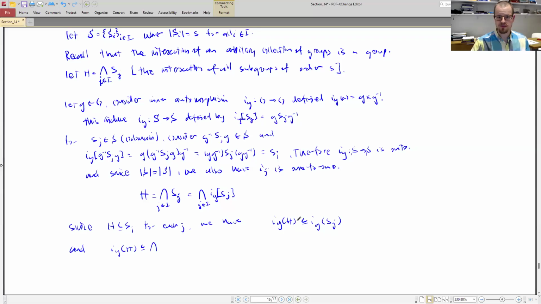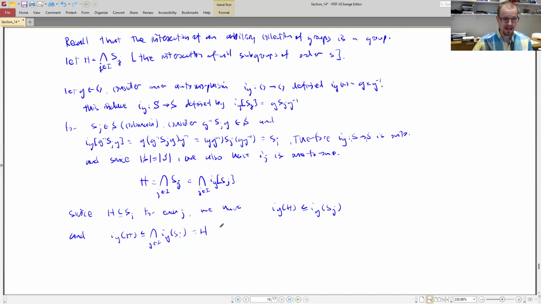And because it's a subset of that, we must have that the image of it is a subset of the image of that. Okay, that makes sense. But since it's true for all of them, it must be a subset of the intersection over j belonging to I of I_g of S_j, which is equal to H. Excellent.